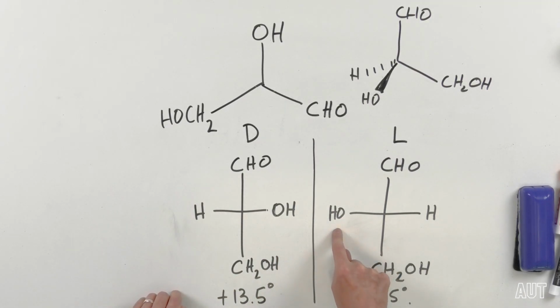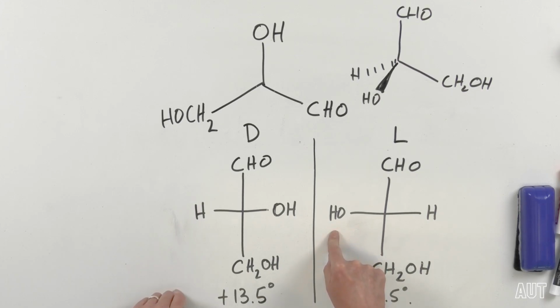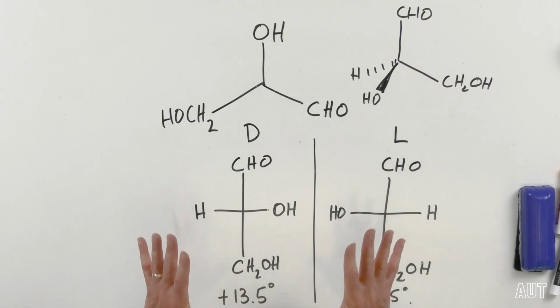L-glyceraldehyde because of the positioning of that particular OH on the left, okay? And that is the system that he used, as I said, for all simple sugars, all simple carbohydrates. Okay, so how many simple carbohydrates are there? Well, as this shows, there are a few, okay?